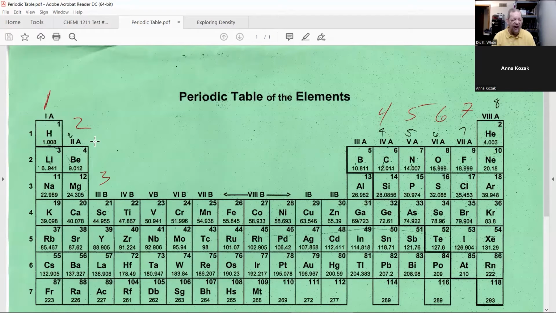I use atomic weights, the 3 significant figures. My gift to you, and it is a nice little gift, is for all my tests and quizzes, we will use atomic weights, the 3 significant figures.